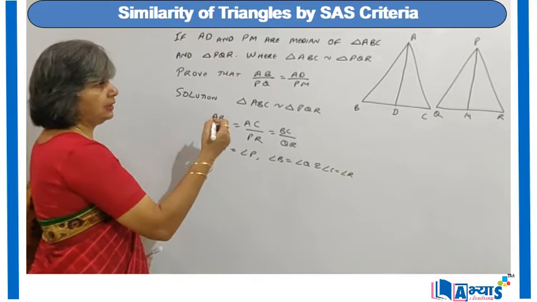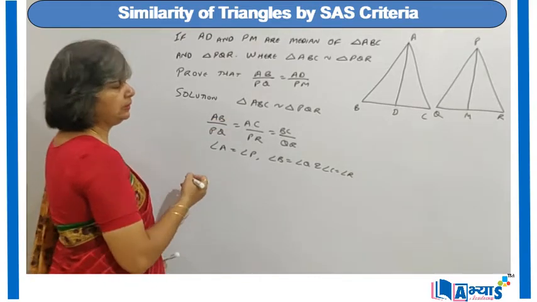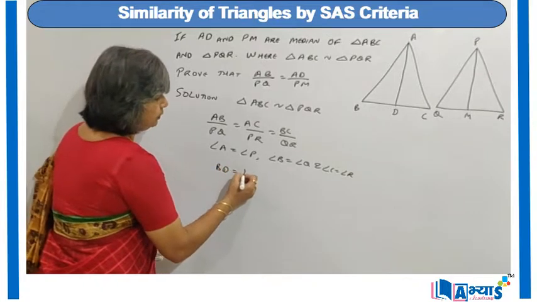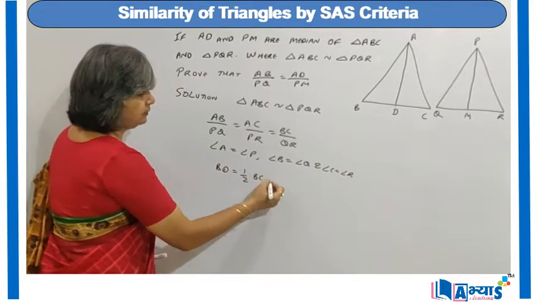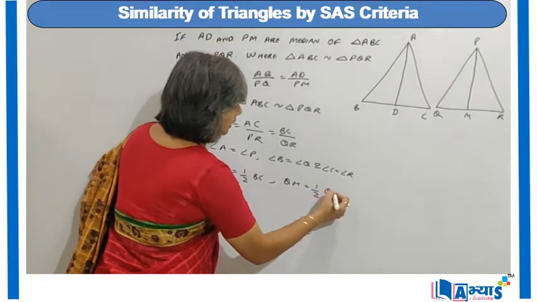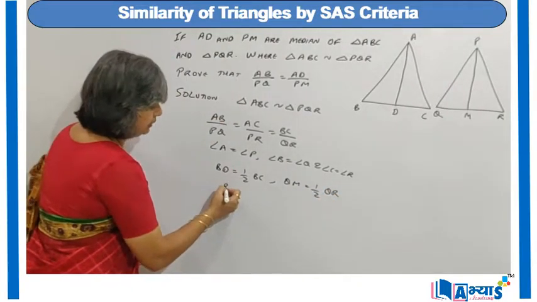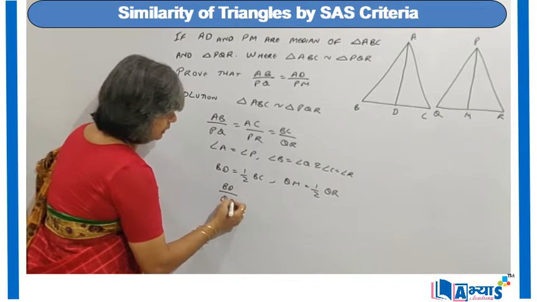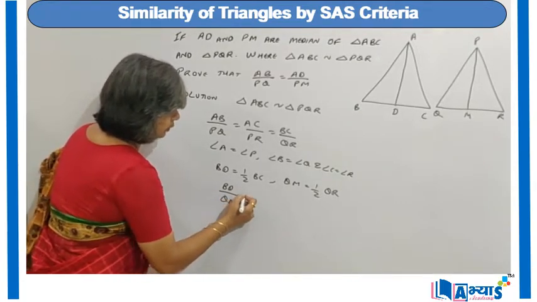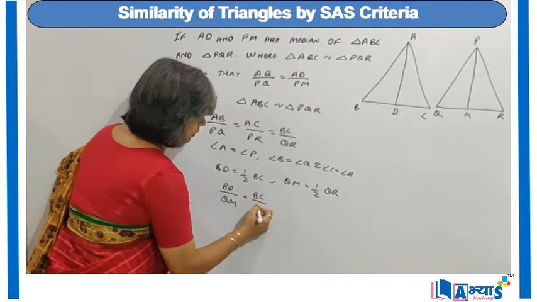Now we know that as D is the midpoint of BC, because AD is the median, so BD is equal to half of BC. Similarly, QM is equal to half of QR. So we can say that BD upon QM is equal to BC upon QR.